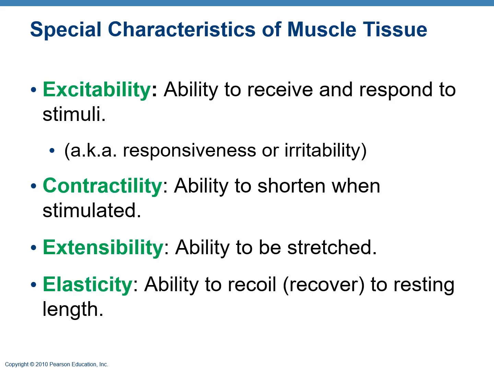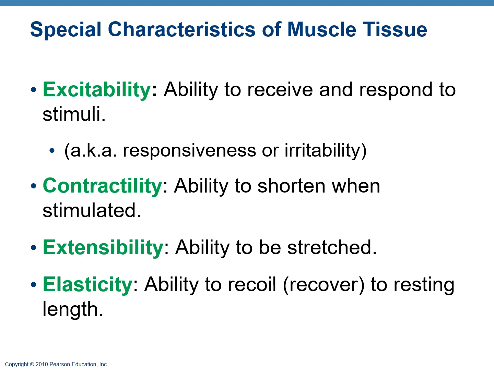There are certain key characteristics of muscle tissue. So some of the key terms and characteristics you want to be familiar with are: 1, excitability. In regards to muscle tissue, this means the ability to receive and to respond to stimuli. So you can also think of it as responsiveness or irritability.